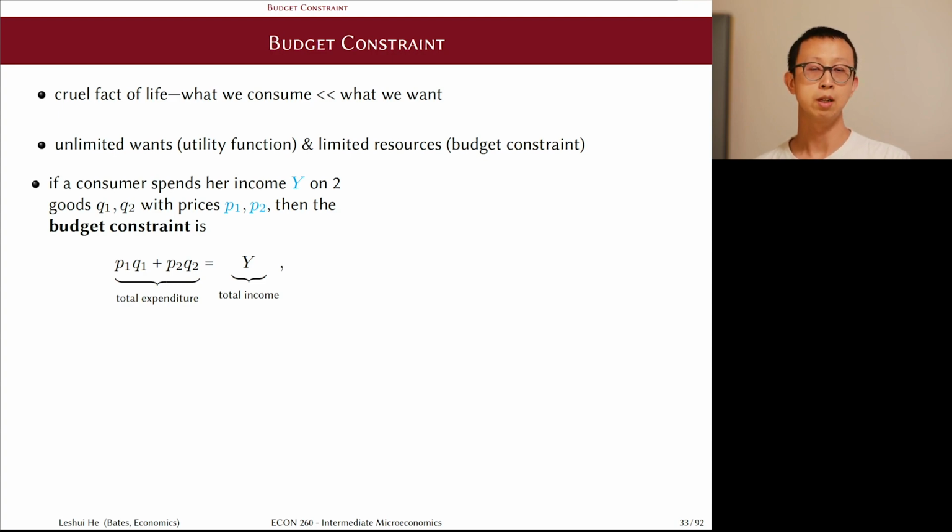To introduce this idea, we will consider one of the simplest environments. A consumer is given a limited income or budget of Y dollars, let's say $10, to spend on two goods, labeled by 1 and 2. Let's say they're apples and bananas.